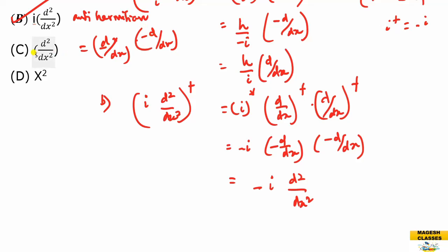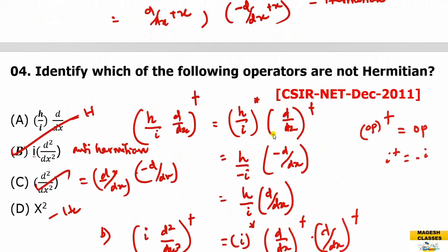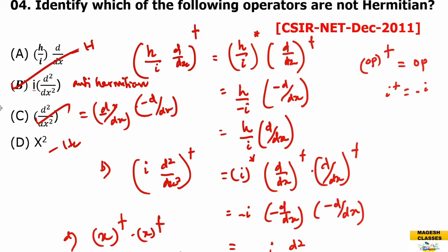So it will be d squared, which is Hermitian, and x squared. For x squared, it is x dagger into x dagger, so this is equal to x into x, which is x squared. The operator comes back, so it is also Hermitian. In this way, the Hermitian adjoint is used to find out whether the operator is Hermitian or not. Your answer is B. It is anti-Hermitian.